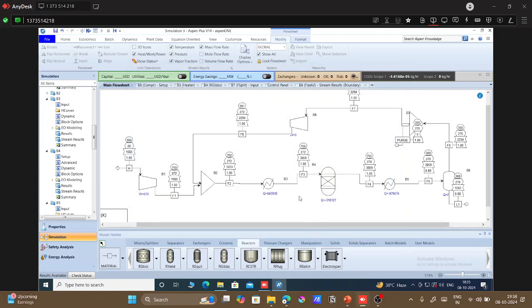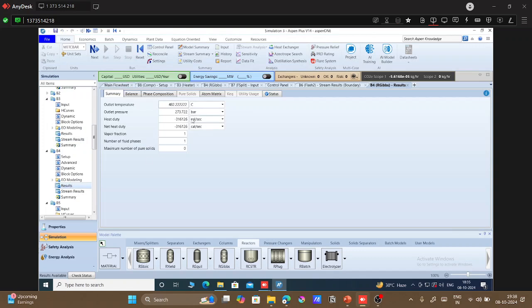So I'm converting back to metric units. Let's say for the B4 block, which is our exchanger block, this much calorie per second is our energy value.